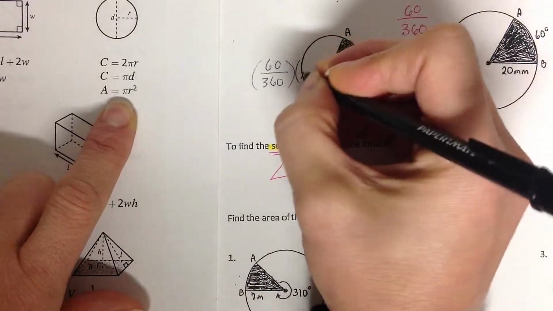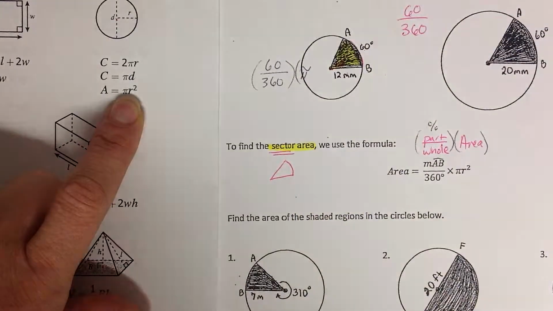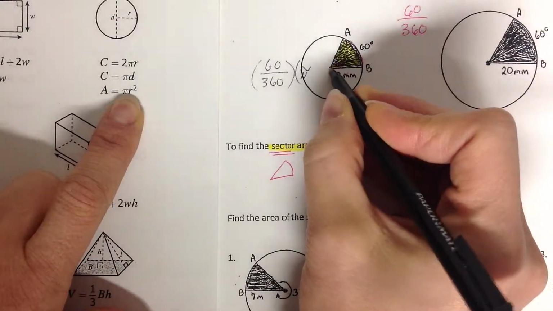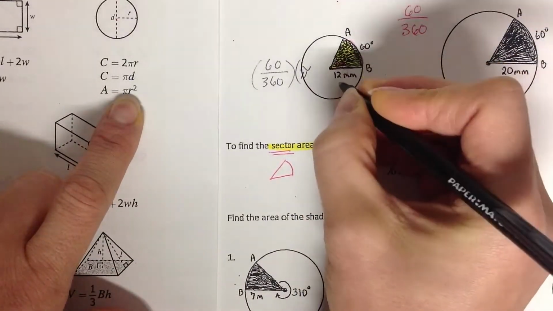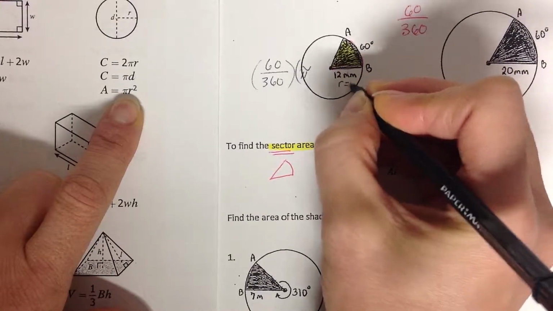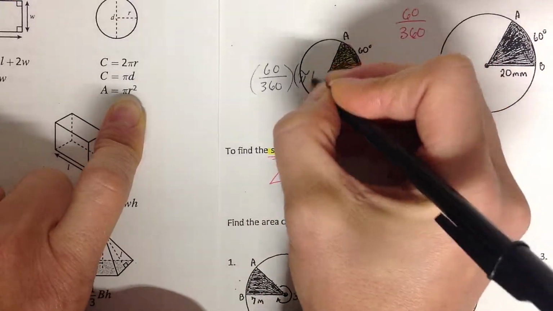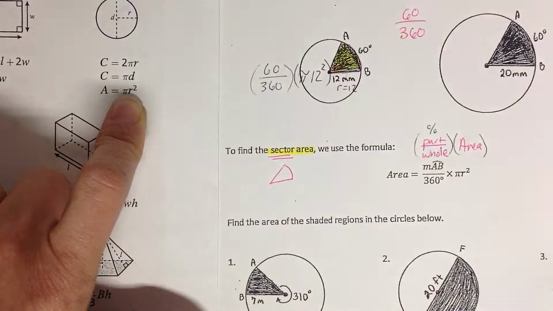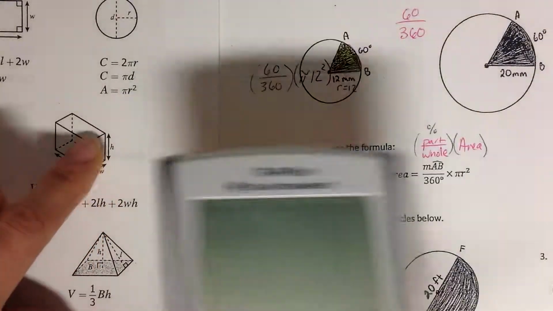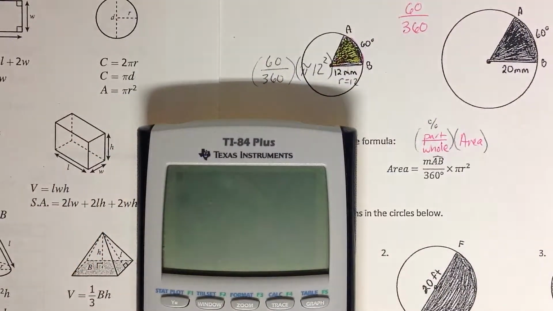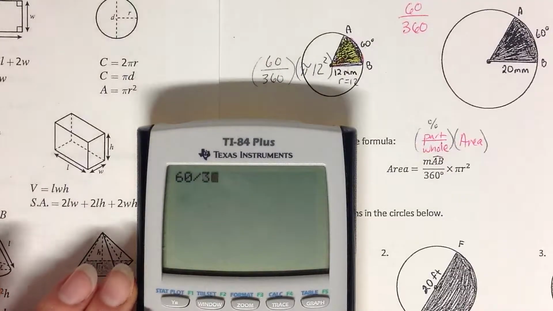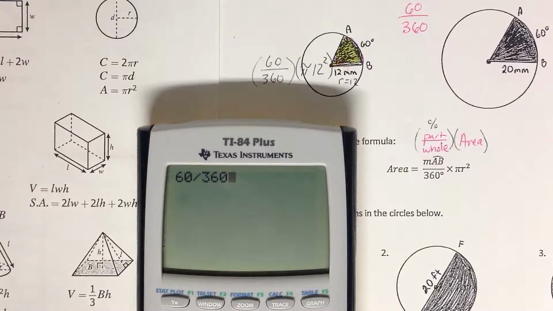So pi, make sure we have the radius. For area, you have to use the radius, from the center out. So yeah, we have the radius. It's 12. So pi r squared, and we just get our calculator out and type that. Okay? So we want 60 out of the 360 degrees.